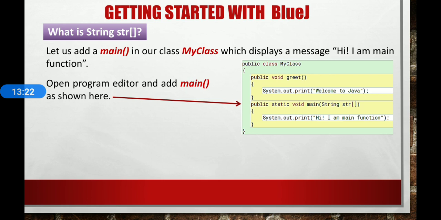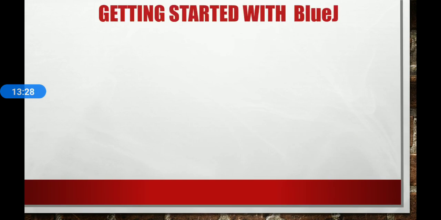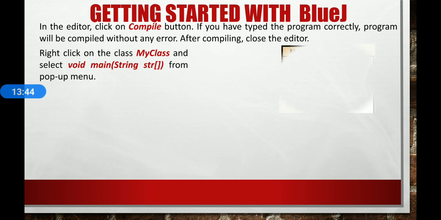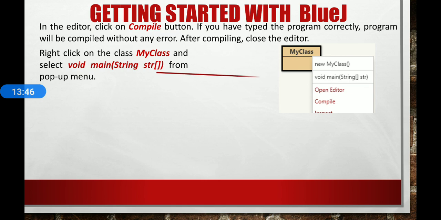Let us run the program and observe the output. In the editor, click on the compile button. If you have typed the program correctly, the program will be compiled without any error. After compiling, close the editor.